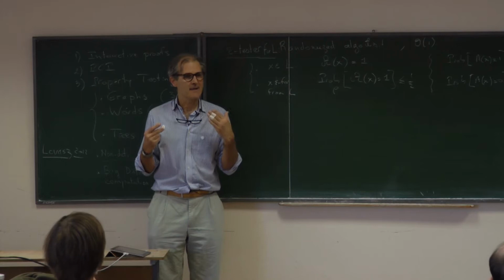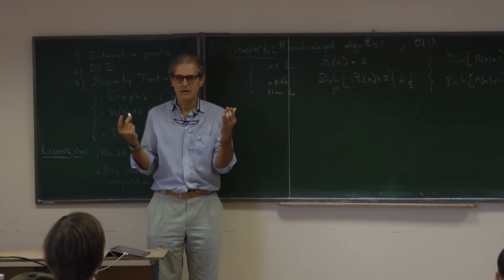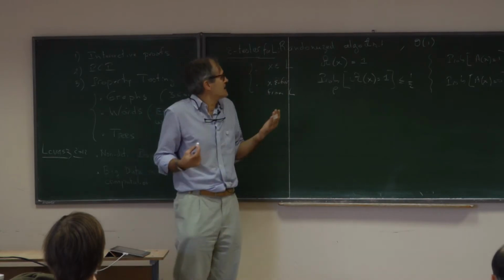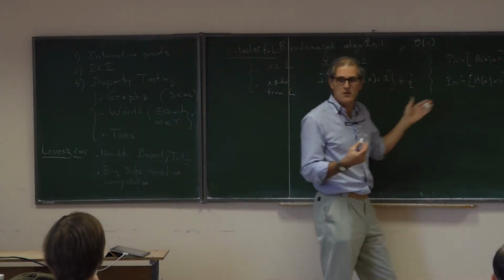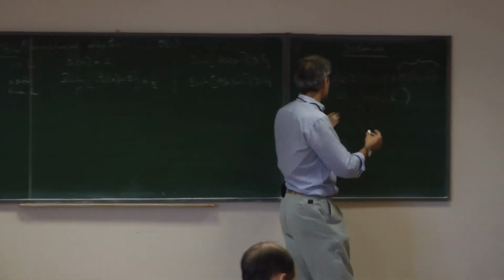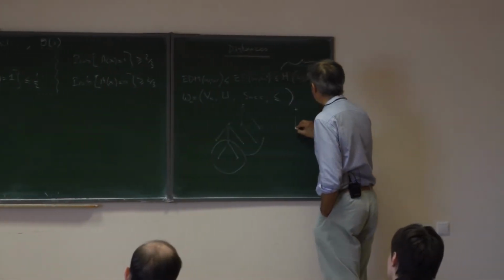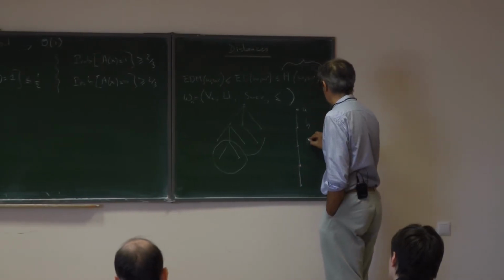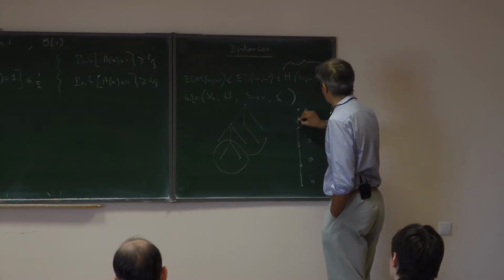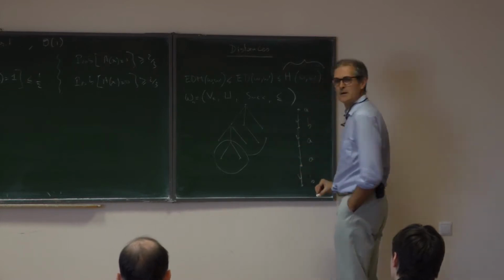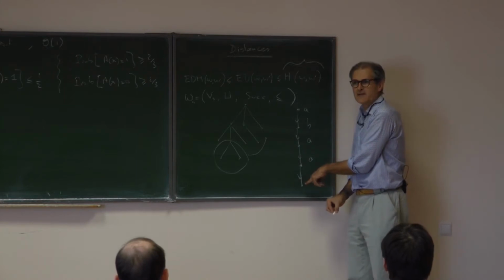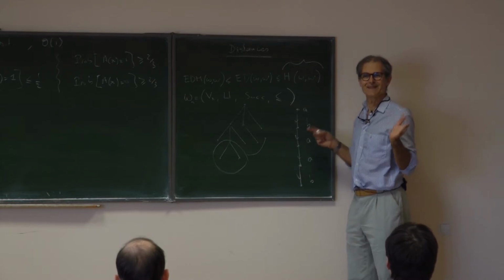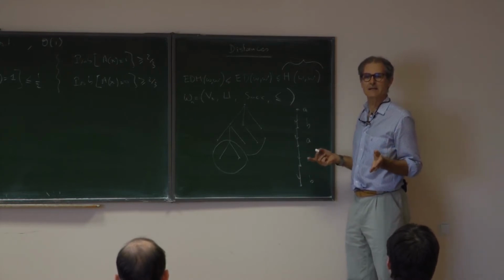It's something that is pretty much looking at trees as graphs. And in some ways you could look at words as graphs, because what is a word? A word is nothing other than a linear order where you put labels. This is a word. Now, if you think of a word as a graph, and you remove an edge and you add an edge, you have a move. So it's exactly the same situation.